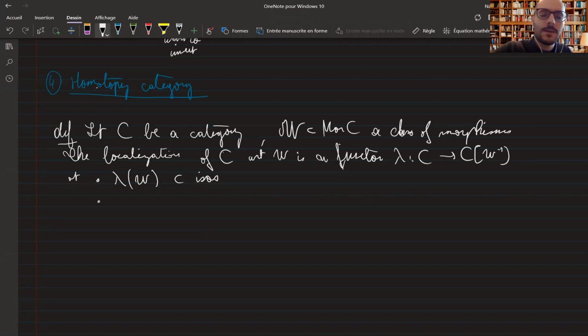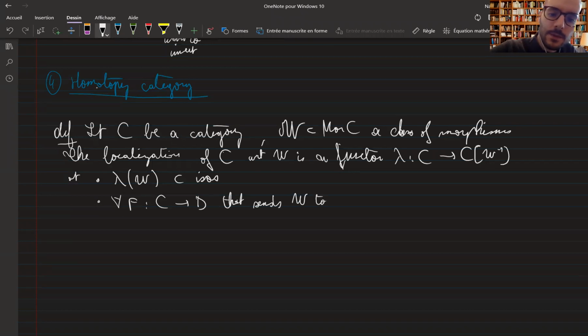And moreover, for any functor F from C to D that sends W to isomorphisms, there exists a commutative diagram like this, which is unique up to equivalence. So this is a notation for that.